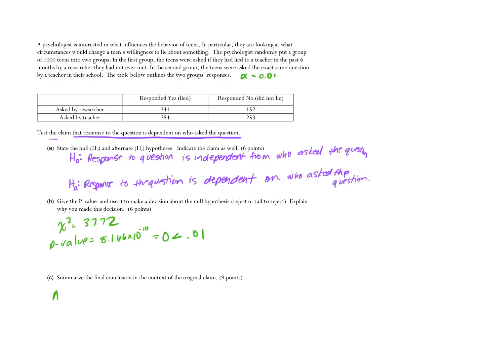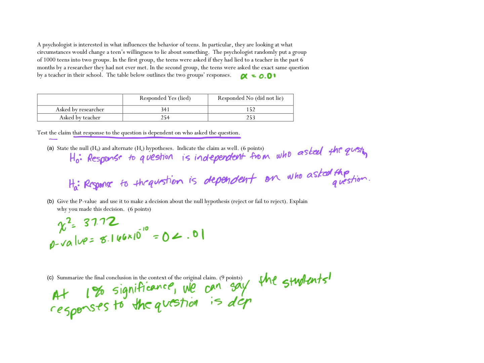Then you would say, as your final, at 1% significance, we can say the students' responses to the questions is dependent on who asked the question.